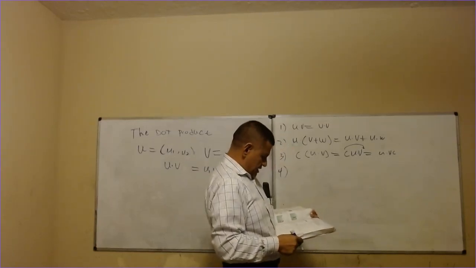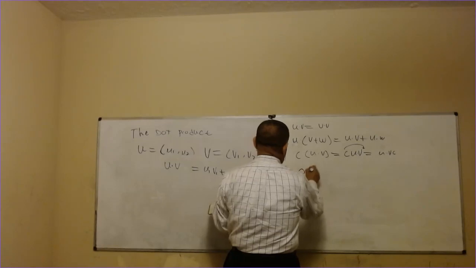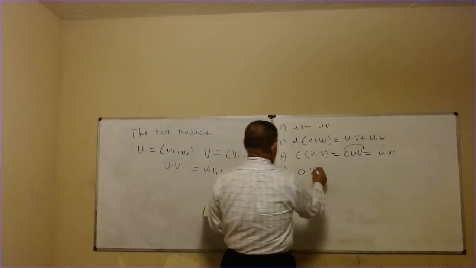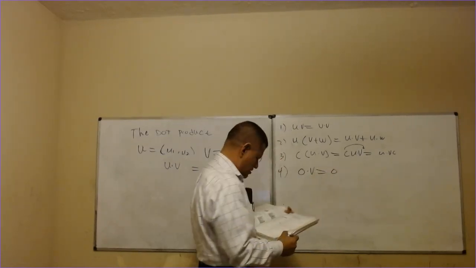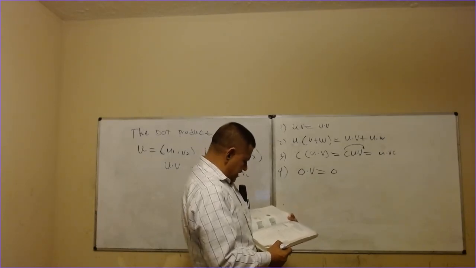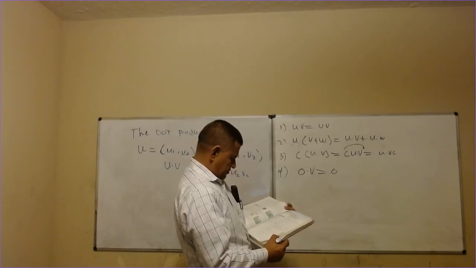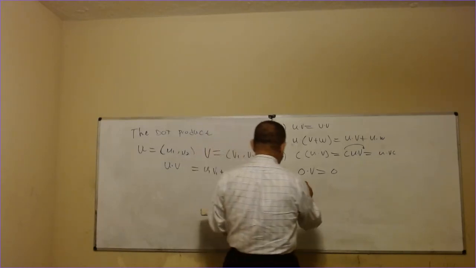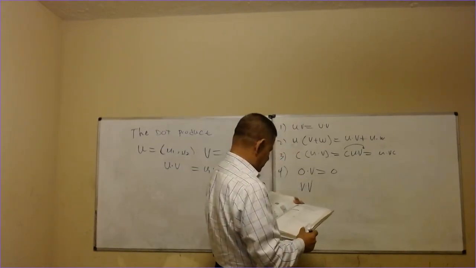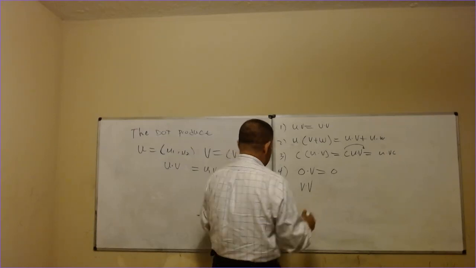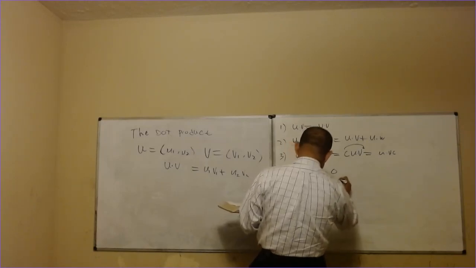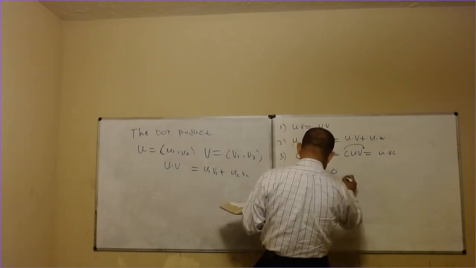On number 4, they say that any zero dotted with v or u, whatever, is equal to 0, right? And then they say that just v dot v is equal to the magnitude of v squared.